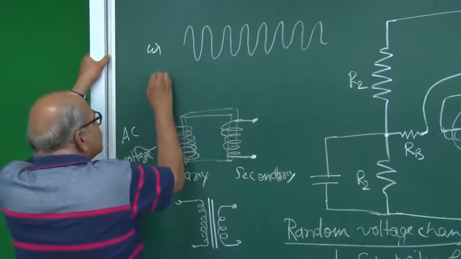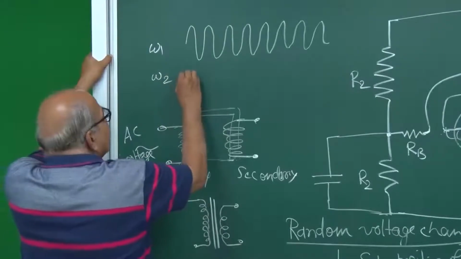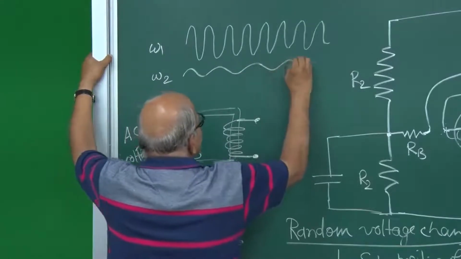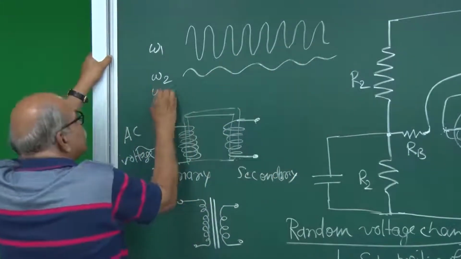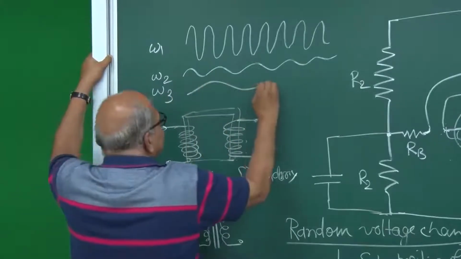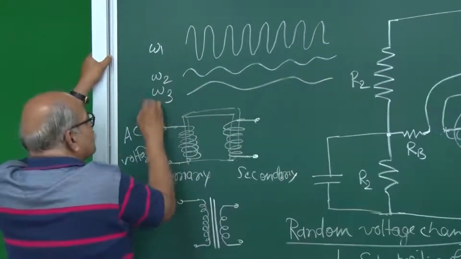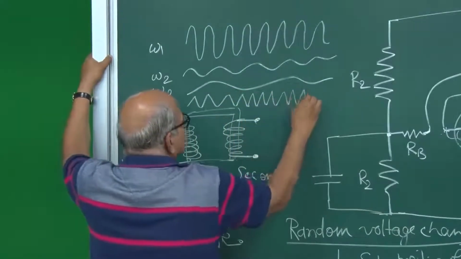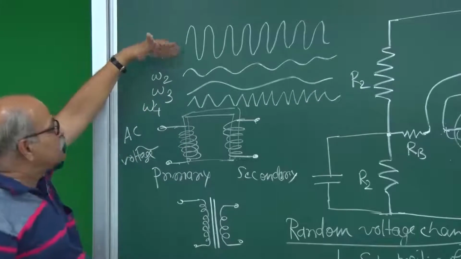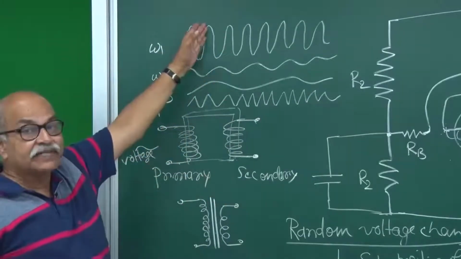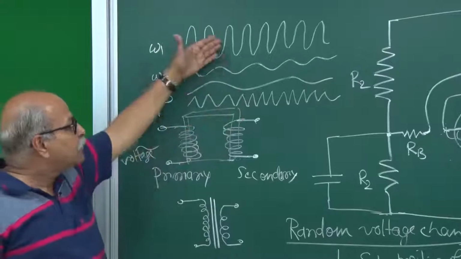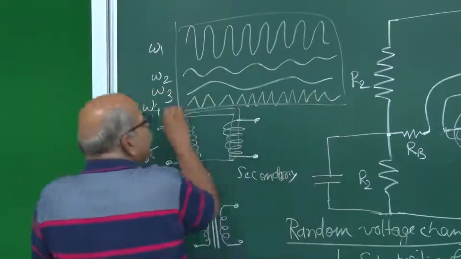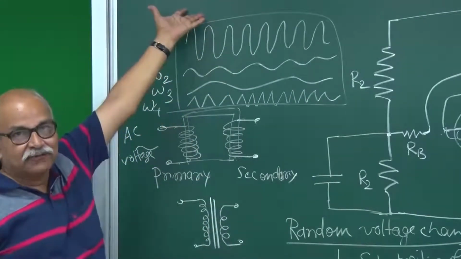If you take various angular frequencies, say this is omega 2, you have some omega 3 also, you have some omega 4 also, a large number of appropriately chosen frequencies and appropriately chosen amplitudes, and if you add all these things, you can produce varieties of waveforms.